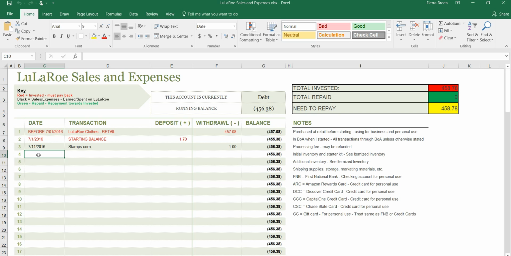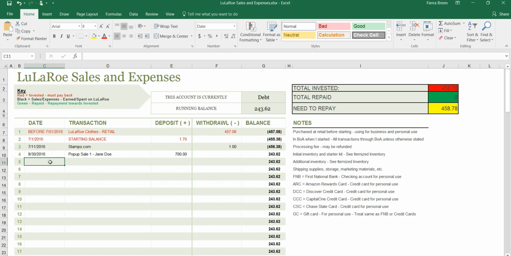I would put the date here, let's say September 30th, because I will probably onboard sometime in late September. And we'll say pop-up sale 1, and maybe put the host there so I know which one it is. It's a deposit, $700 that I made on the pop-up sale.